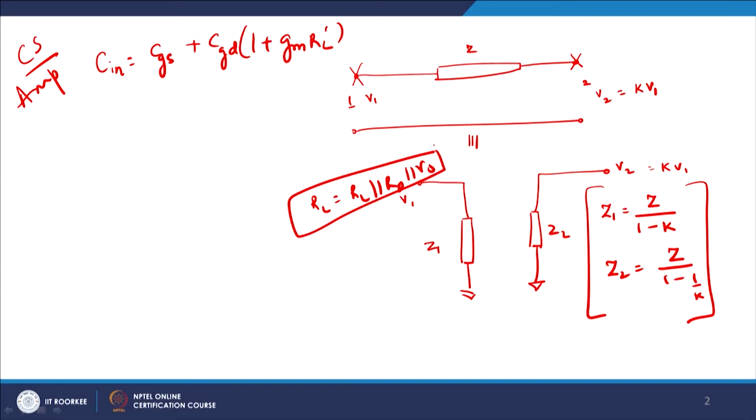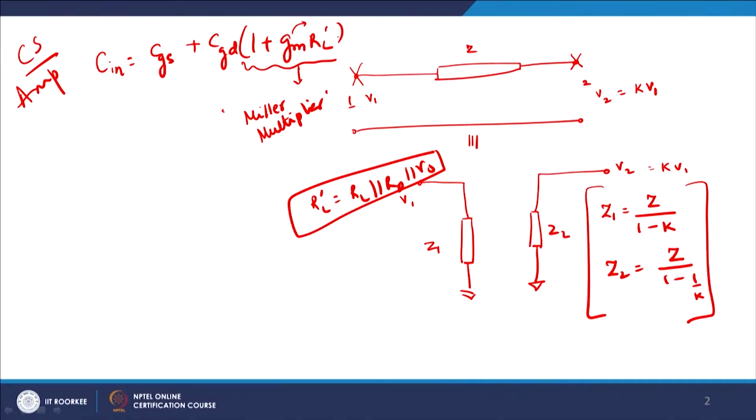This quantity is referred to as the Miller multiplier, which means that the gate to drain capacitance, which was initially a low value, in reality gets multiplied by 1 plus gm RL prime and effectively gives you a larger value.